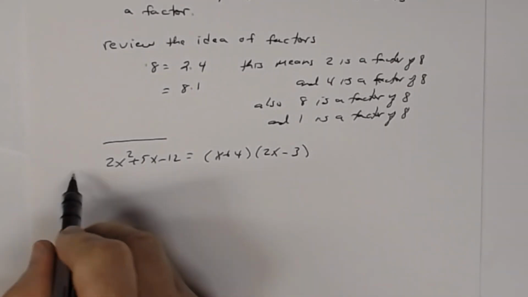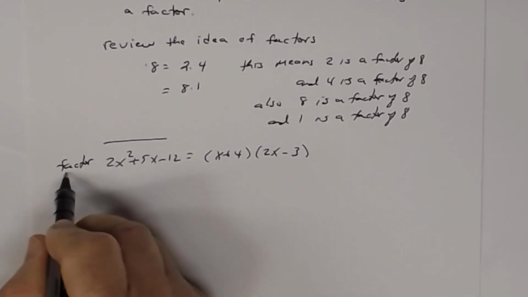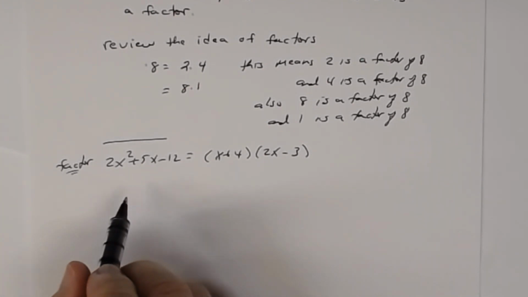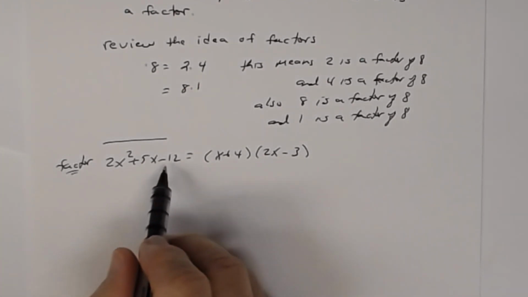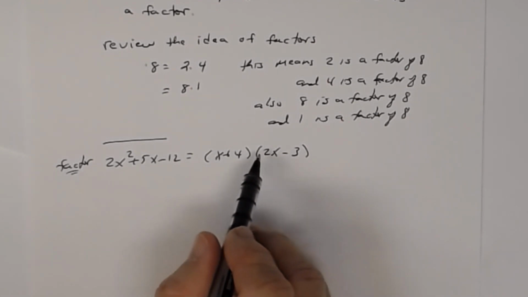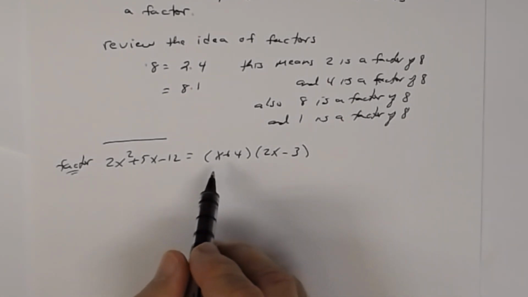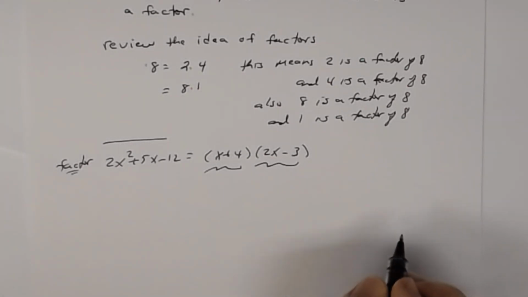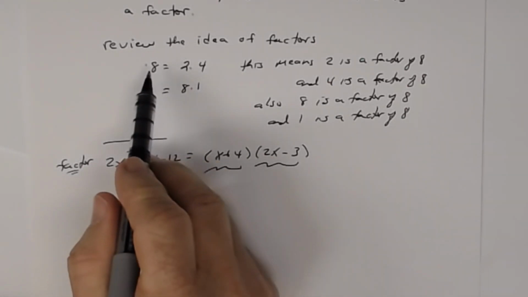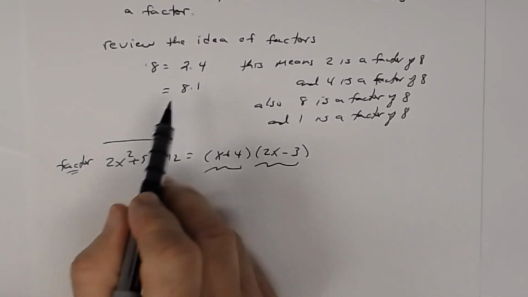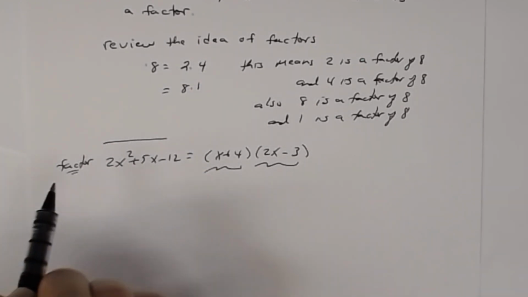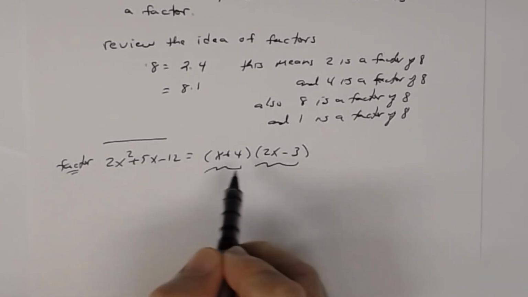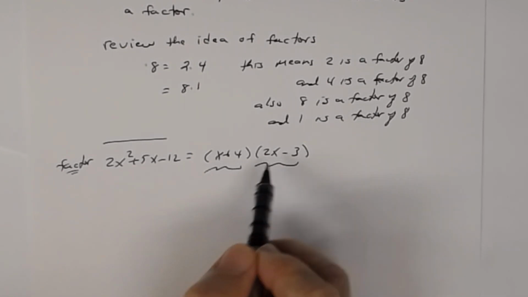When we factor polynomials, in a previous course and also in some of our lessons in this course, we wrote the polynomial as a product, in this case, of two factors. So this is a factor and this is a factor. Remember, when you factor, you write the polynomial as a product of factors. And so these are your factors.